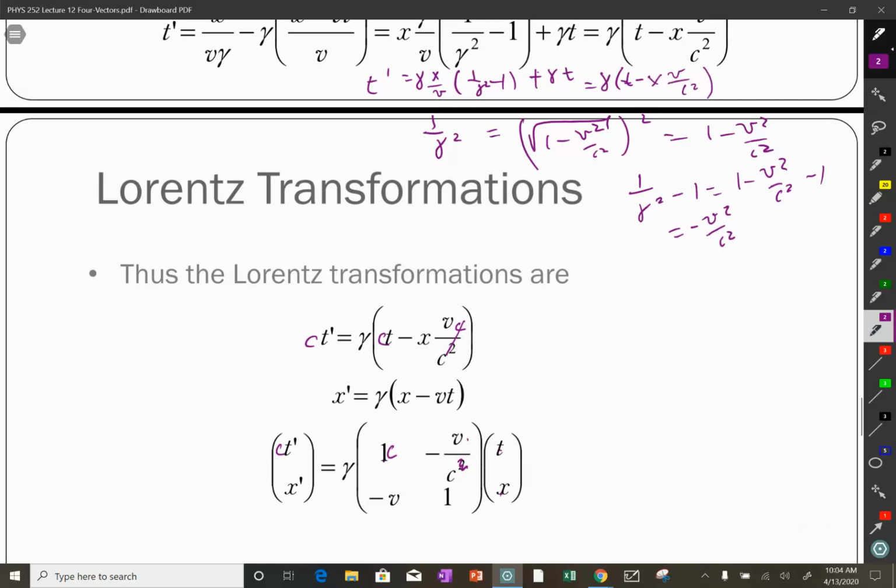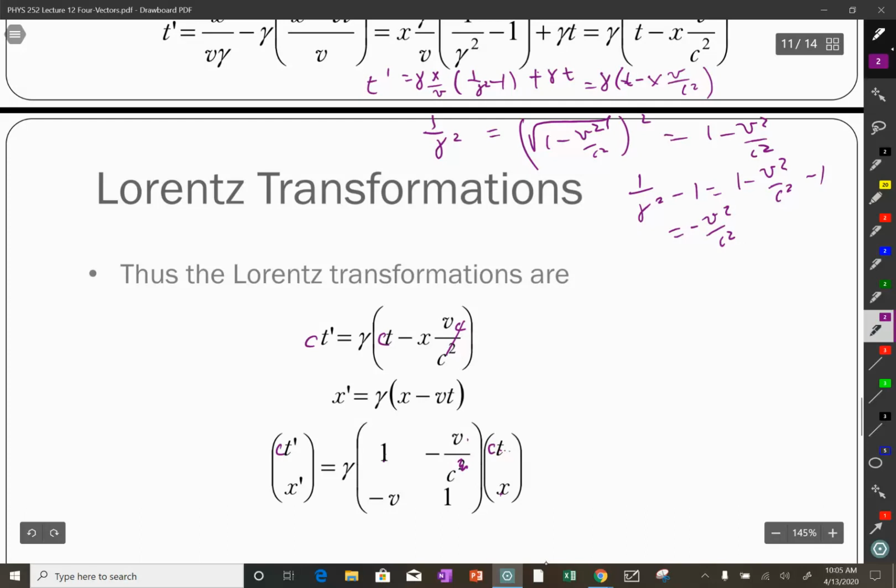So v over c. And then x prime, oh, and I need to see here. And so this is going to be, oh, that remains one. Yes, the c needs to be there. So ct prime equals gamma times ct minus v over c x.